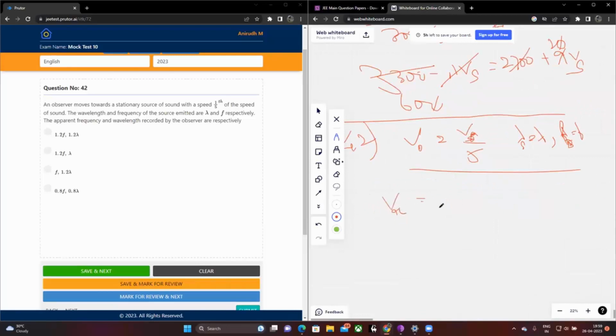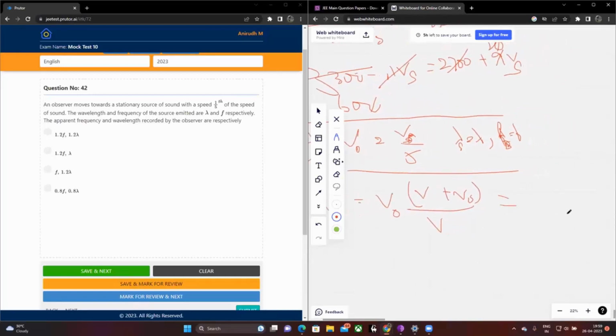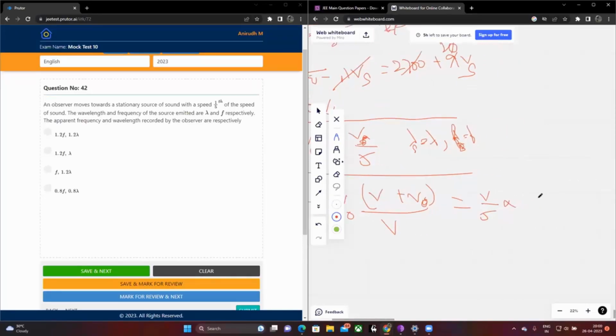V apparent is equal to V naught into (V plus VO) by V, which is basically 1 plus VO by V, not Vs. That is V by 5 into 1 plus 1 by 5. That is 6 by 5, right? This is 6V by 25.